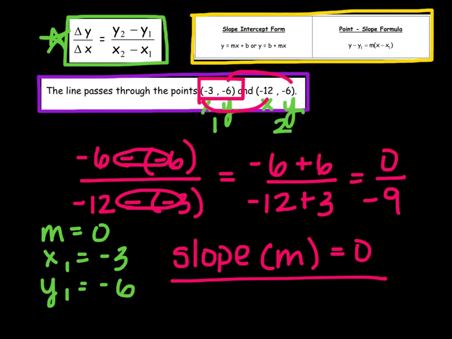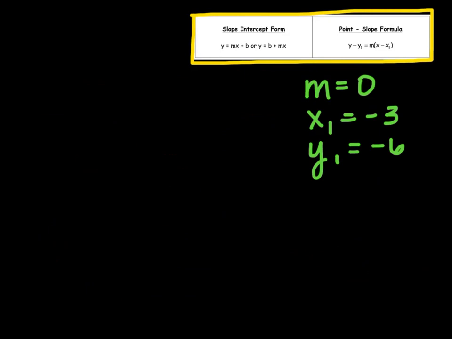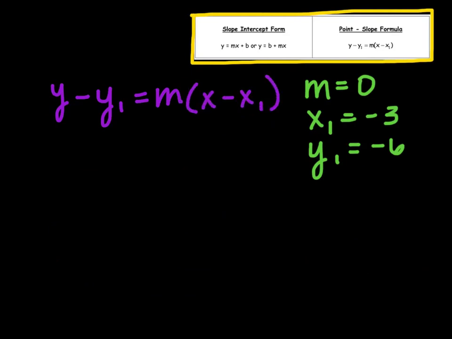So I'm going to take this to the next page and use my formula. Okay, so we again know our m is 0, our x1 is -3, and y1 is -6. So in that point slope form, y minus y1 equals m times x minus x1. We're going to start changing numbers.